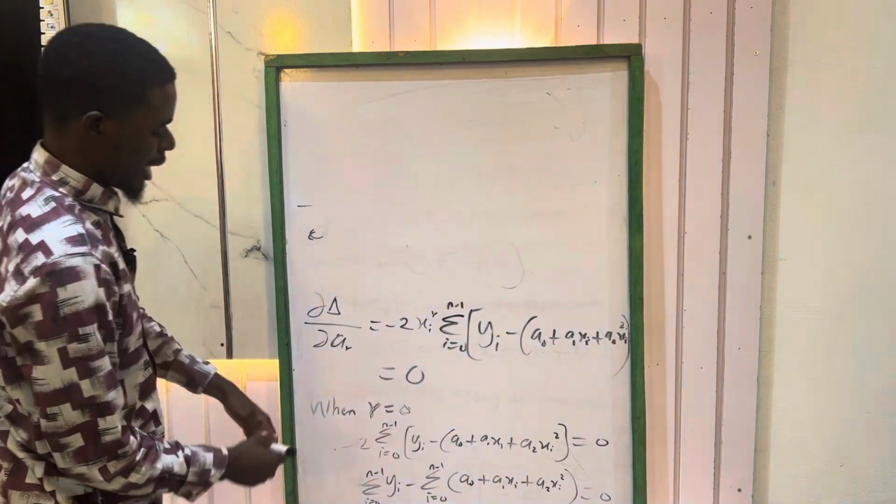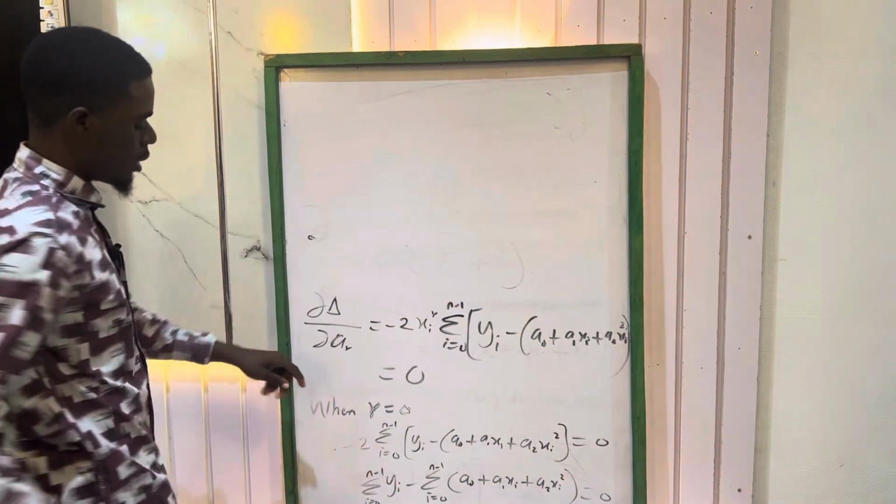So this is our first equation, when r is equal to 0.